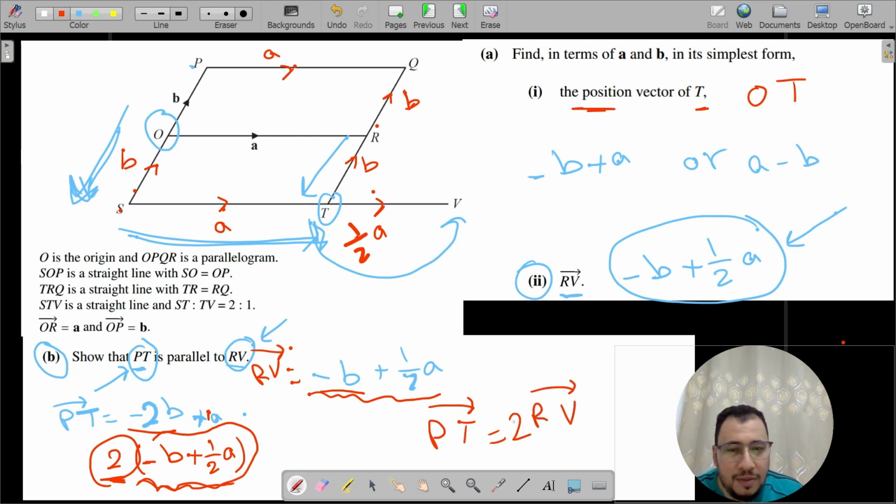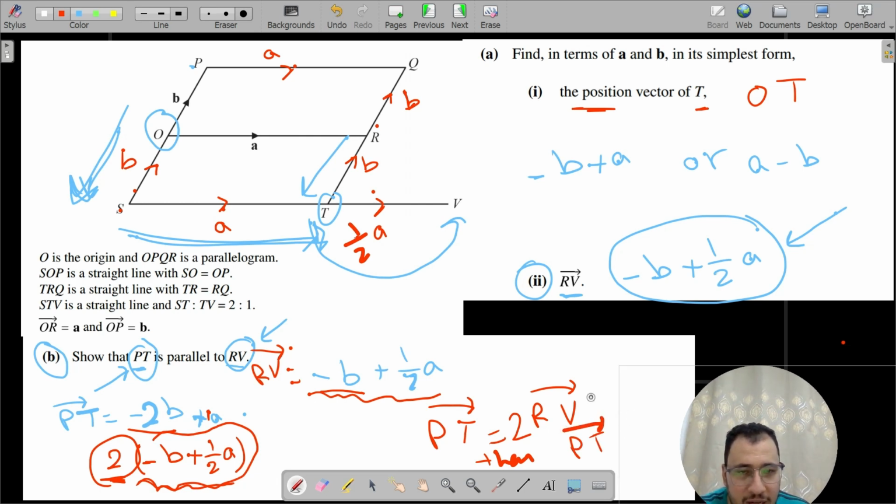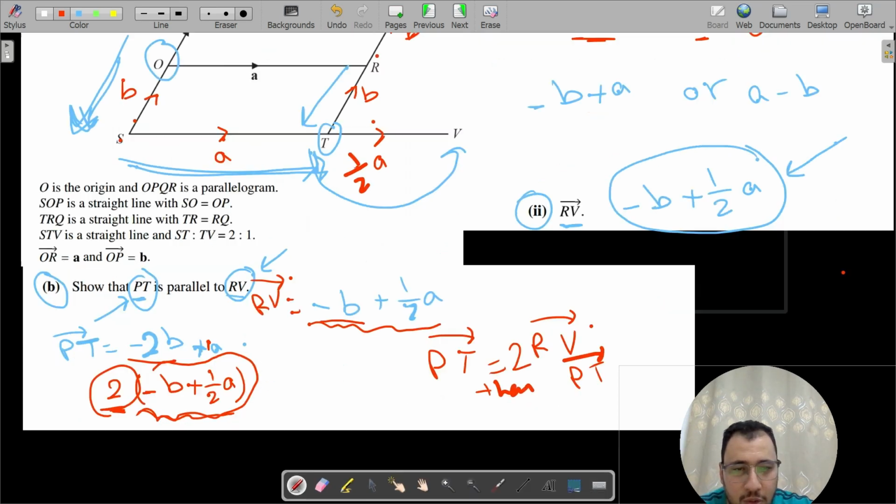Since they are the same, immediately you can write then PT is parallel to the other one, which is RV. Then PT is parallel to RV.